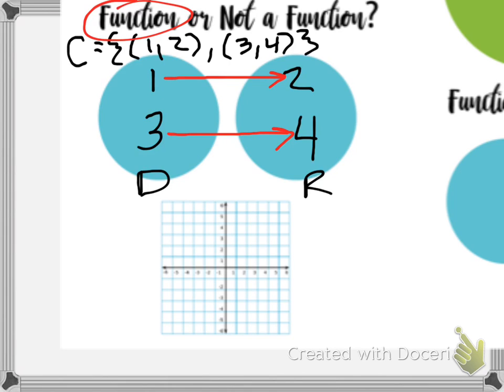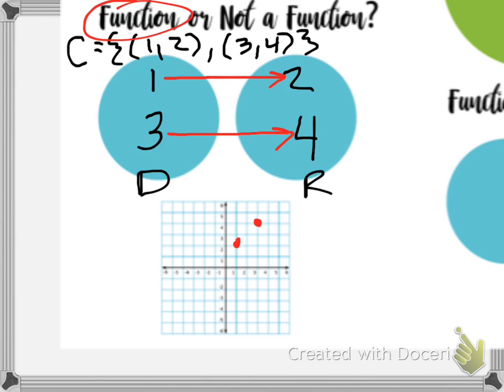And when something is a function, we can actually tell from looking at the graph. So if I were to plot these points, the first ordered pair was (1, 2), so over 1, up 2 right there. And then the other ordered pair is (3, 4), so over 3 and up to 4.